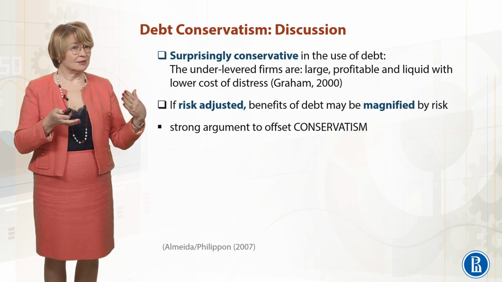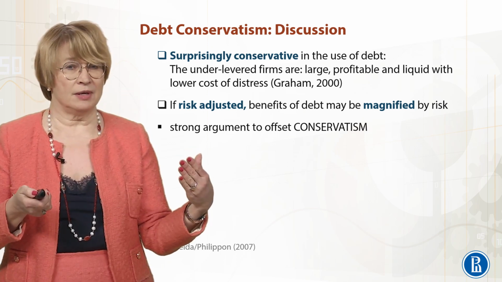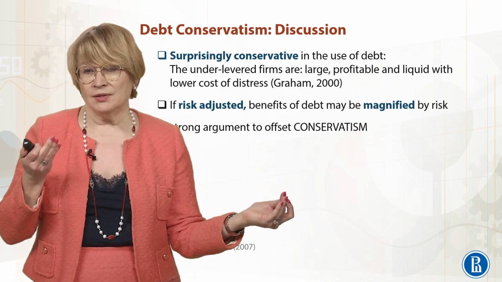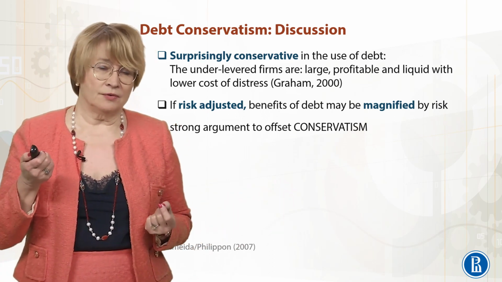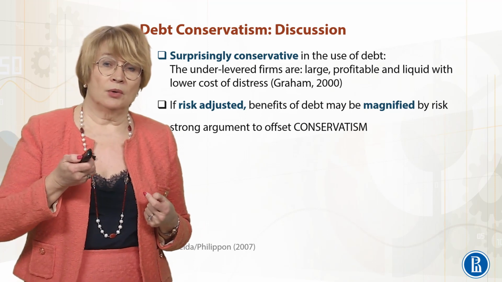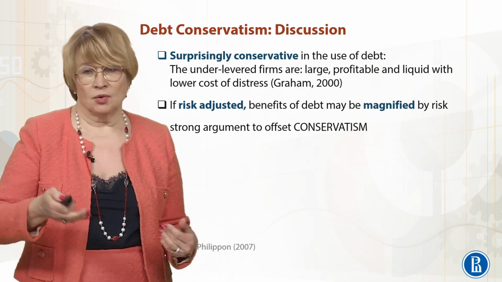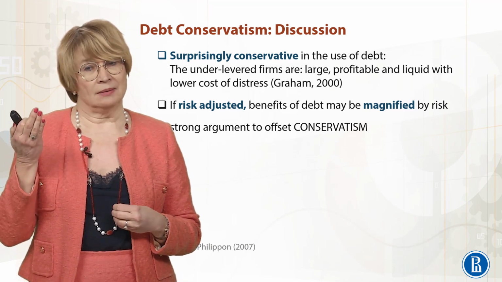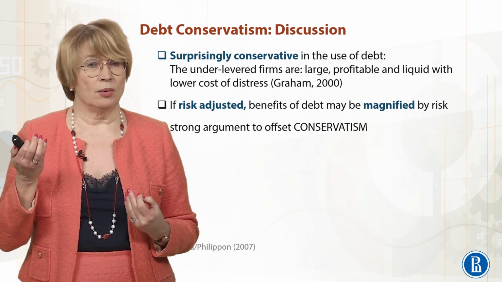And this is like a contradiction to the trade-off theory, because trade-off theory says if you have high sensitivity to the cost of financial distress, and if you are going to have really higher cost of financial distress, then your target level of debt should be lower.